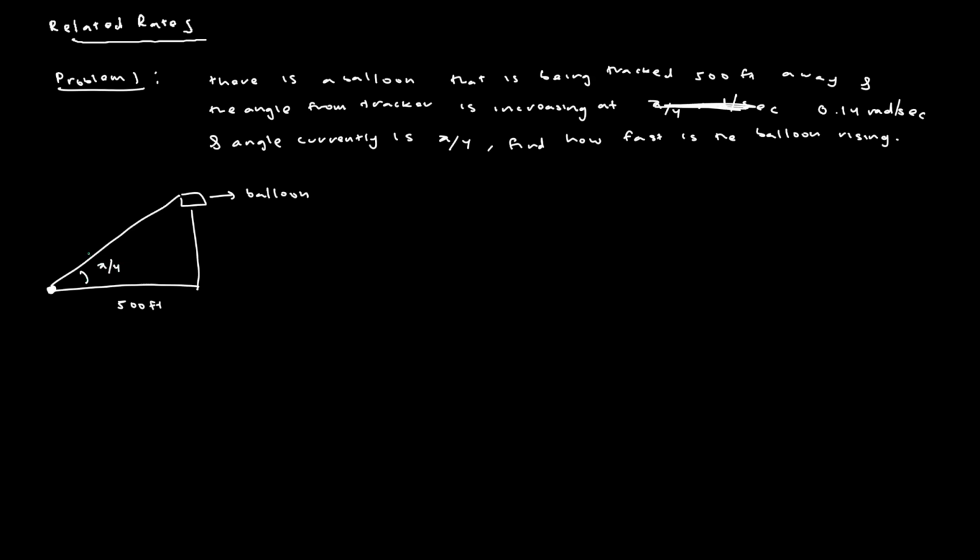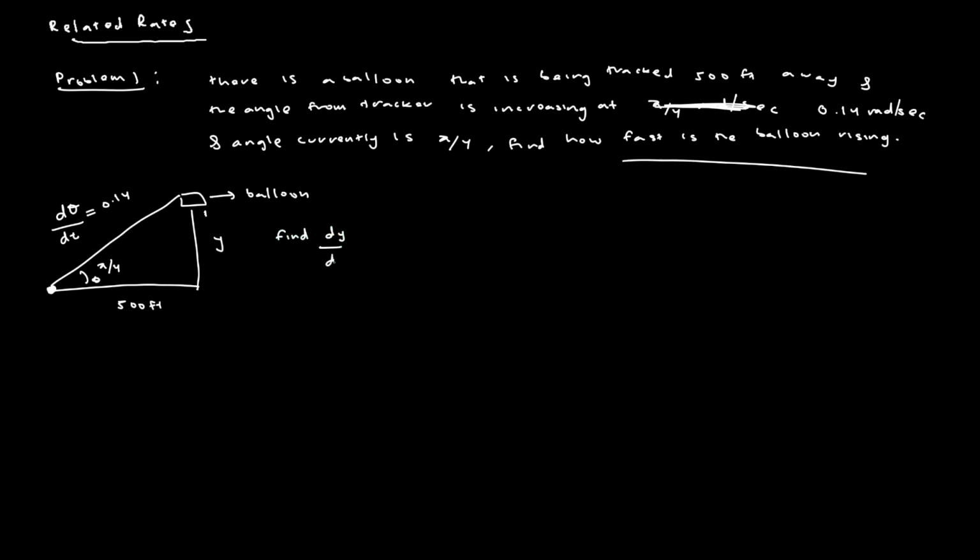We'll call this angle theta, and we're saying that d theta over dt, so our angle is changing at a rate of 0.14, right? So change in angle by change in time is 0.14. Given all of this, we have to find out how fast the balloon is rising. If we represent the elevation of the balloon by y, we have to find dy over dt.